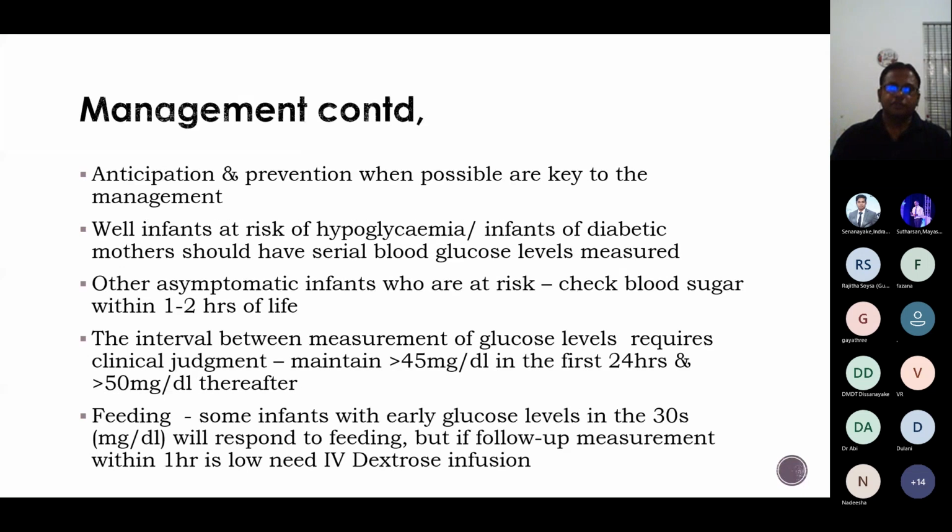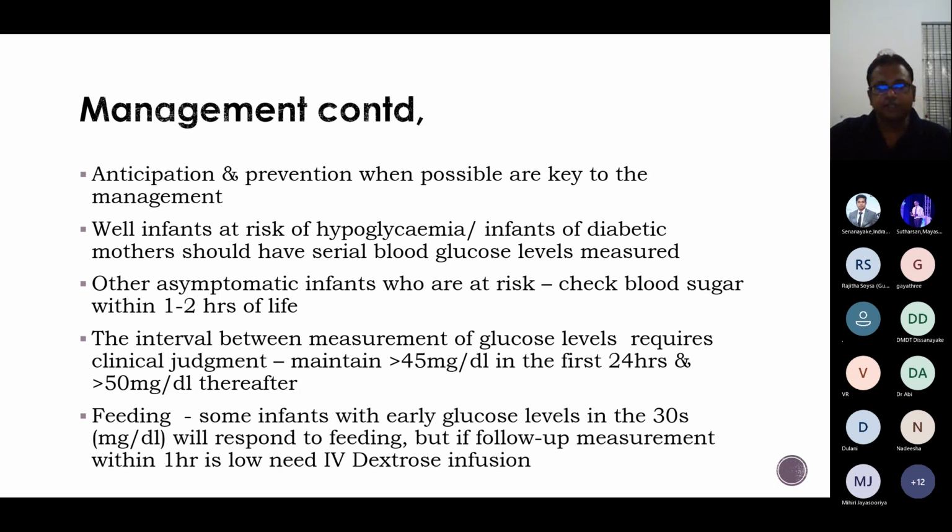So anticipation and prevention when possible are the key to the management, for that matter, for any condition in children that applies. So, well infants at risk of hypoglycemia, infants of diabetic mothers should have serial blood glucose levels measured. So what we usually do is we check pre-feed sugar level in these babies, that is after a good feed.